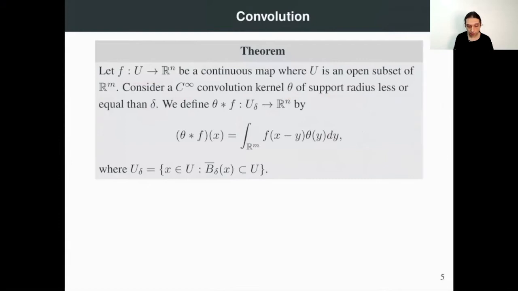We are going to define the convolution of theta and f, this theta star f, which is going to be defined in U_delta, where U_delta is the set of points x in U such that the closed ball of center at x and radius delta is contained in U, okay? And it's going to be defined by this formula over here, right?